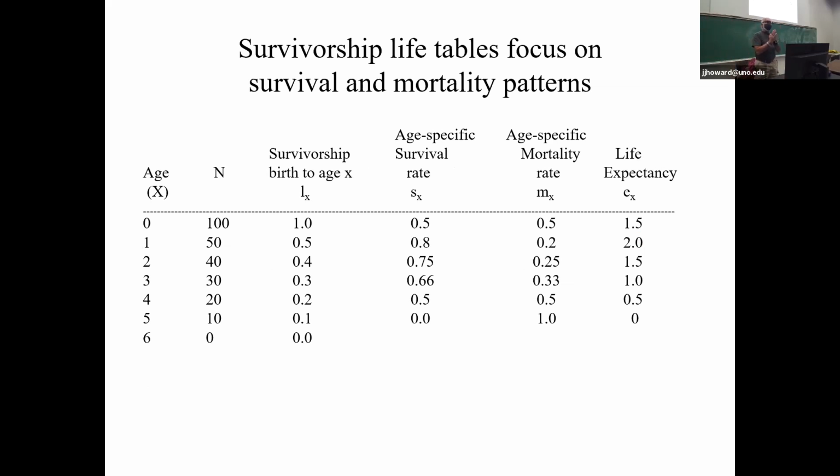Life expectancy is a harder concept. It takes more work to calculate. So when I give you a problem on the exam and I ask you to calculate a life expectancy value, it's worth more points than LX or SX or MX, because it's more complicated.